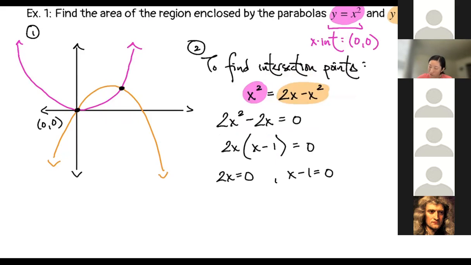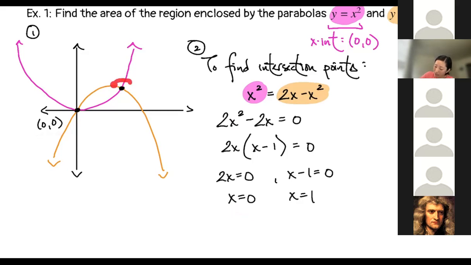And so if I solve each of these mini equations, I'm going to get x equals 0, and I'm going to get x equals 1. All right. And so yes, exactly, 0 divided by 2 and then 1. And so we already knew that one of the intersection points was 0, right?